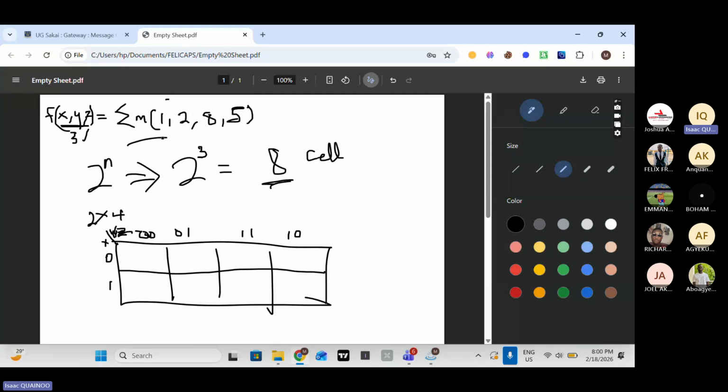So what this question is telling you is that if you take 1, okay, if you take 2, if you take 8, if you take 5, the cells with those numbers have a return value of 1.